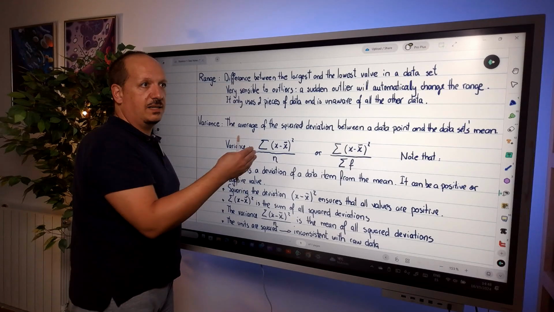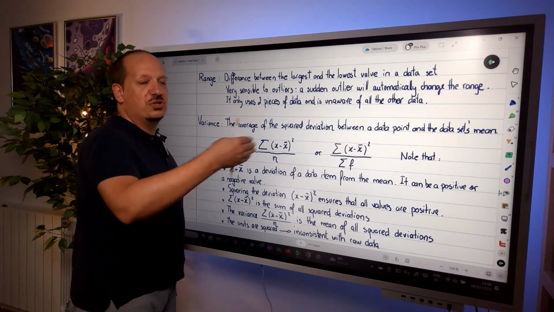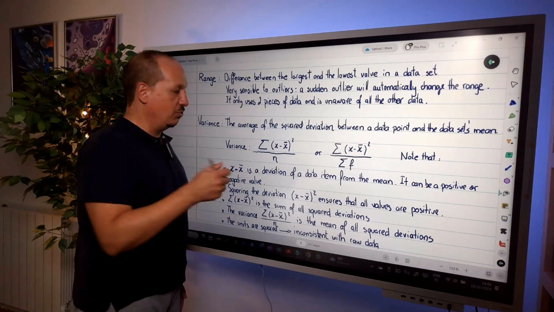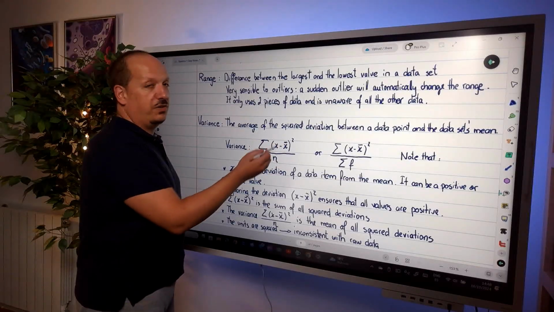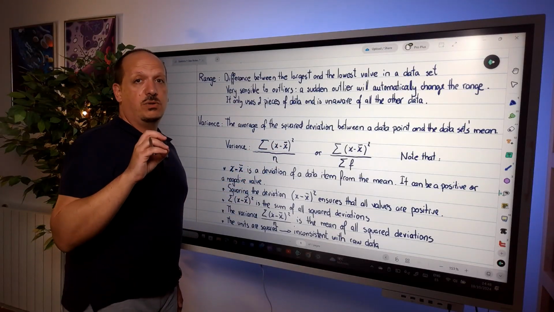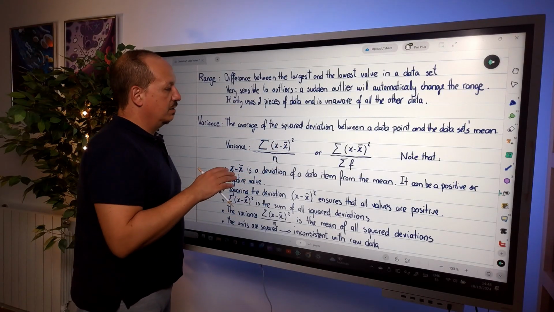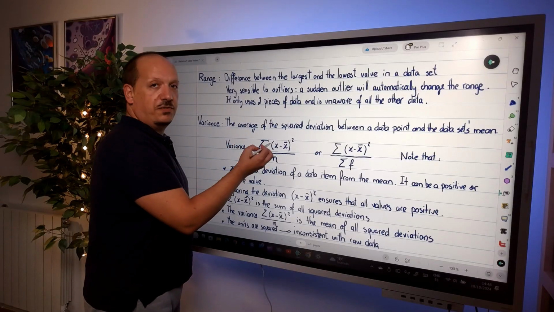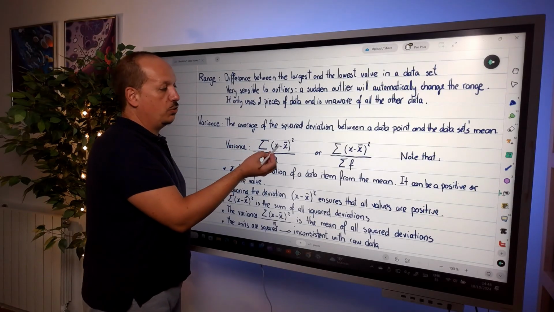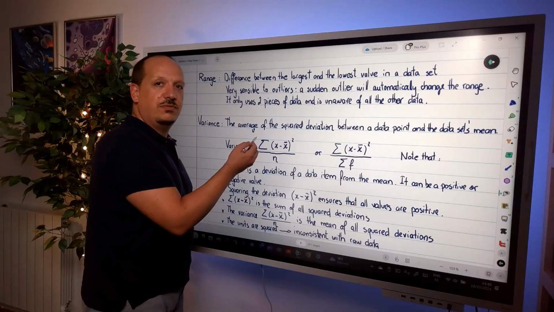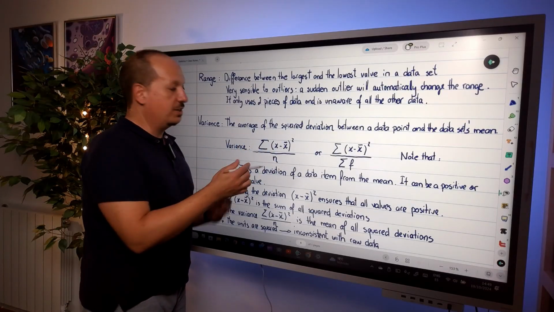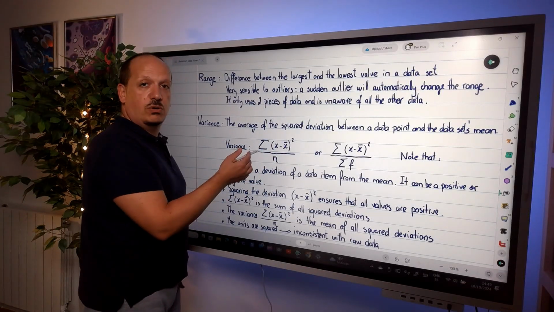I think it's logical to assume, and actually this is true, the sum of all deviations will be 0. The sum of all positive deviations, in other words, is going to be equal to the sum of all negative deviations. Putting everything together, this would be 0.